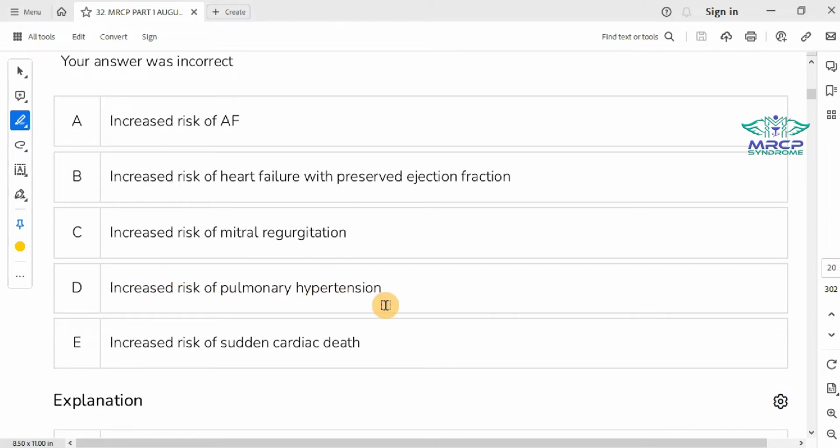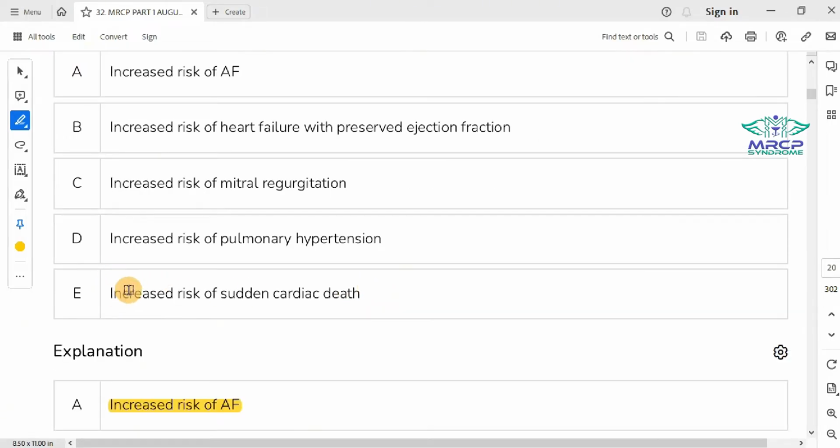Pulmonary hypertension can occur secondary to left-sided heart disease, but this is not the primary concern related to the left atrial enlargement. And sudden cardiac death in HCM is related to arrhythmias like either ventricular tachycardia or ventricular fibrillation.